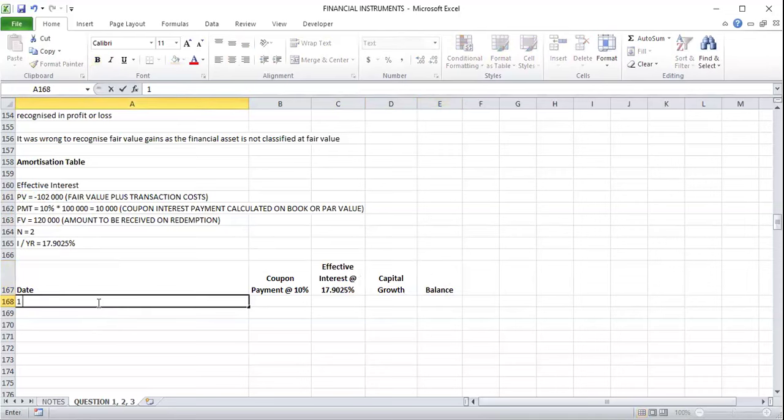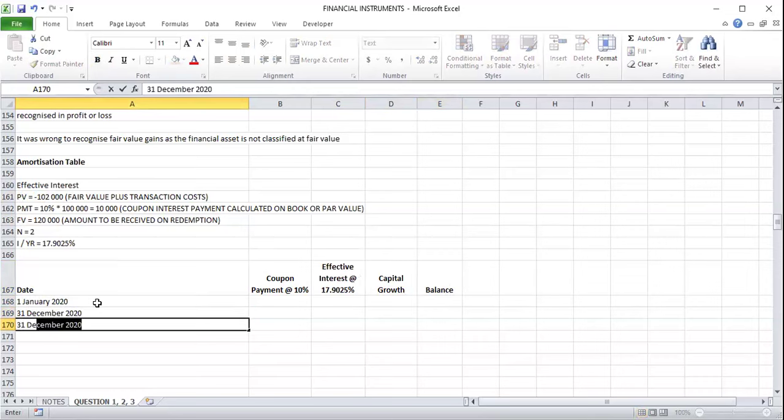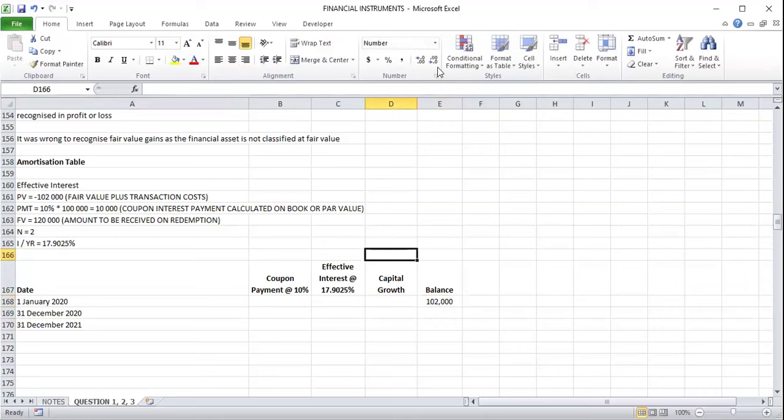Right. So we have 1 January 2020, 31 December 2020, 31 December 2021. We're going to start with 102,000. Our coupon payment does not change. It's 10,000. Our effective interest, you can get it from your financial calculator.